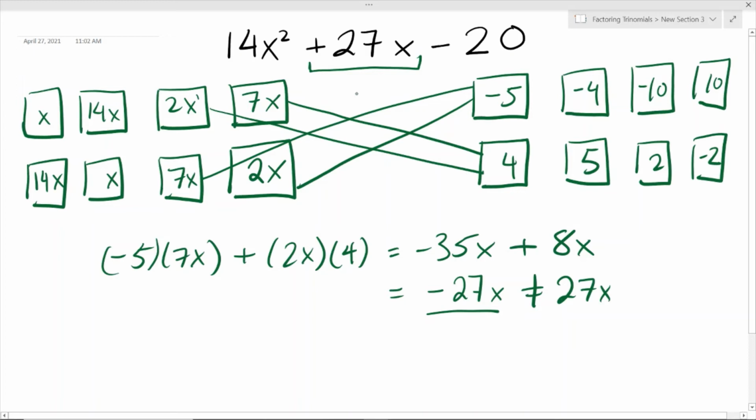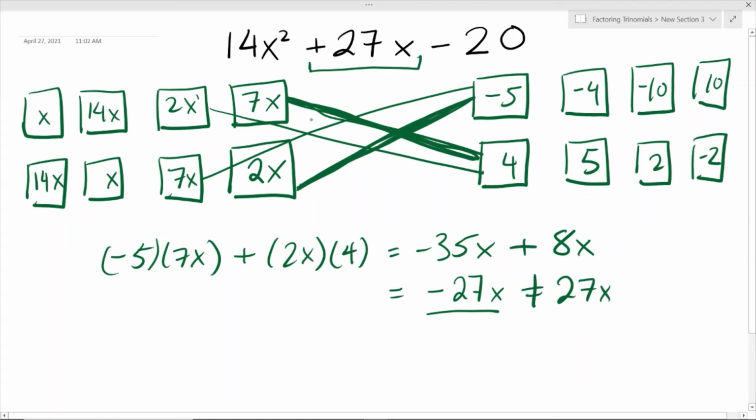But here, it's not to say that you cross it off because you can do different combinations. Like now, we are going to be working on this combination right here, right? We're going to work on 7x times 4, as shown here in bold, and 2x times -5, shown here in bold.